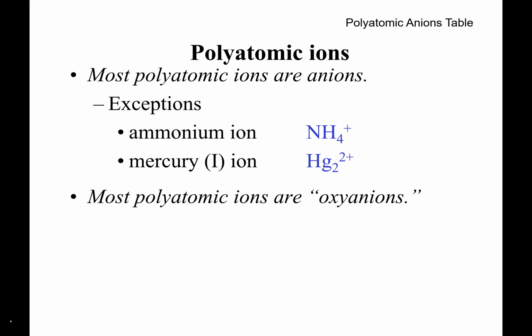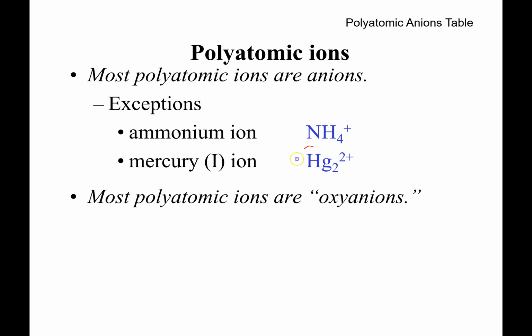And that second one's one of my least favorite. So it's mercury 1, Hg2 2+. It runs around with a +2 charge, and that one is the most tricky.